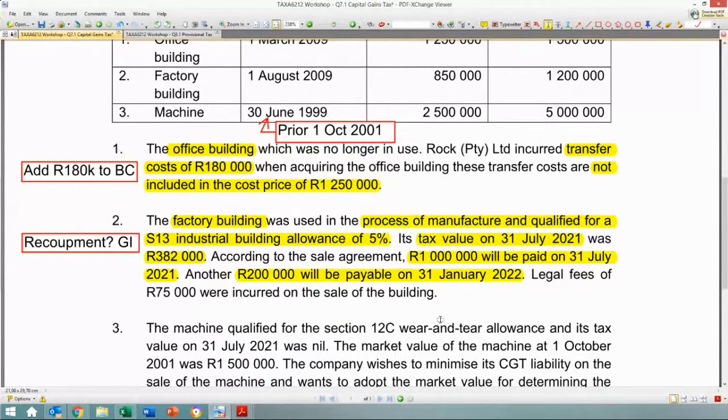What do you think? My question basically is, when we calculate the factory building's capital gain, will we use the million or will we use the 1.2 million as the proceeds in our calculation?